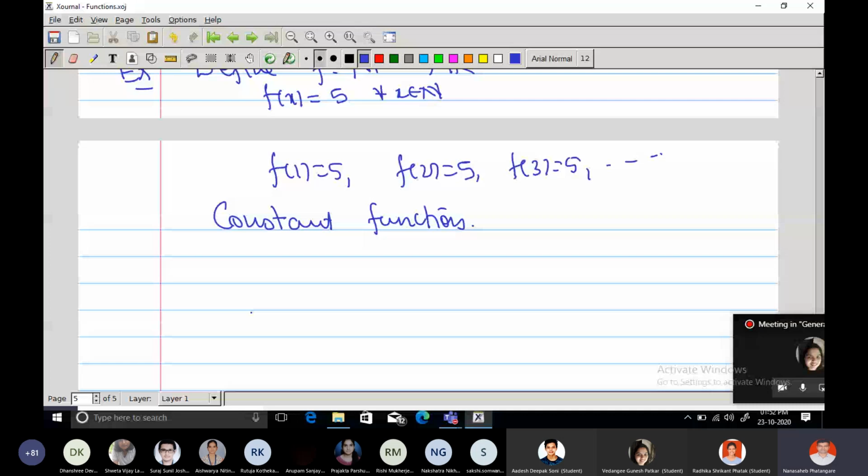So what is the formal definition of a constant function? Let A and B be non-empty sets. We are talking about the general scenario. Whatever the sets are doesn't matter. You could have A as the set of all animals in the jungle and B as the set of all trees in the jungle. So that is not an issue.